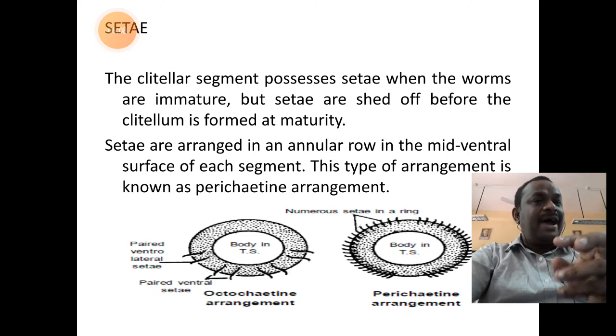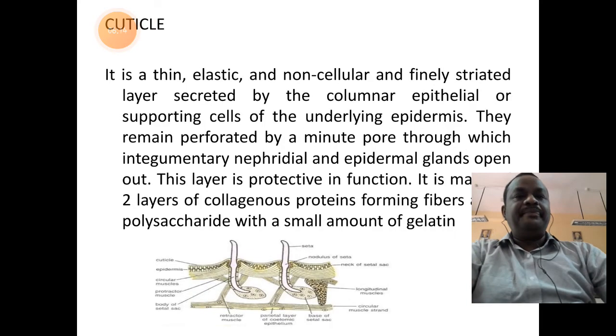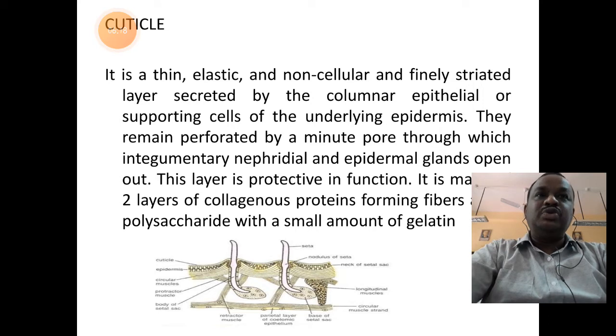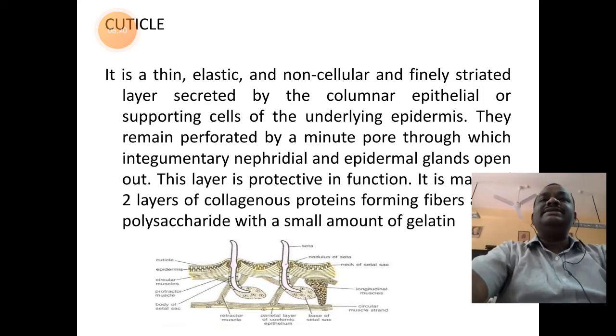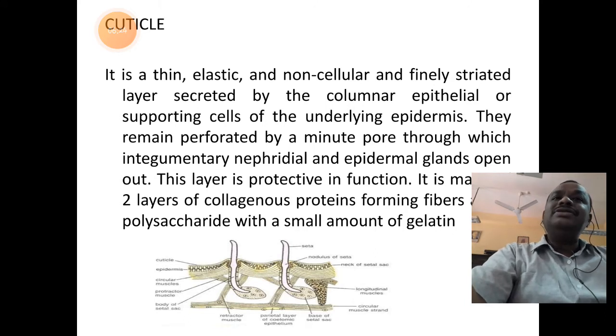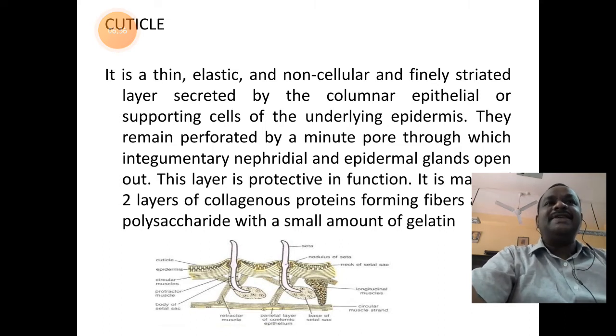So, we also find these structures on the outer surface of the body of earthworm. The next important feature is the presence of cuticle. Students, cuticle is a thin, elastic, non-cellular, striated and multi-layered region which is present above the epidermis because this region is secreted by the epidermis itself.